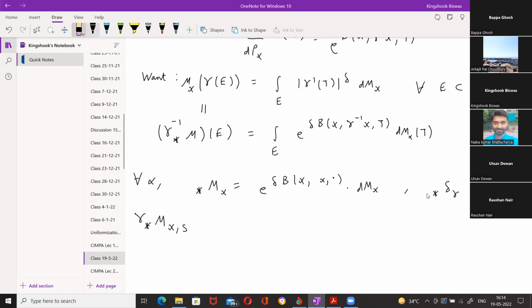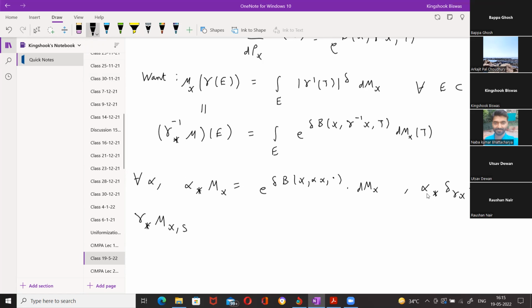Alpha star mu_x is equal to e to the delta b_x(alpha x, dot) d mu_x. So what is alpha star of the push forward of Dirac mass at gamma x? This is the Dirac mass at alpha gamma x, right?